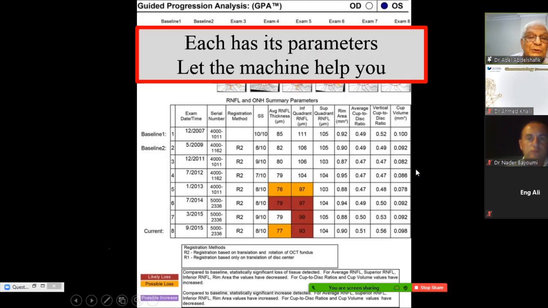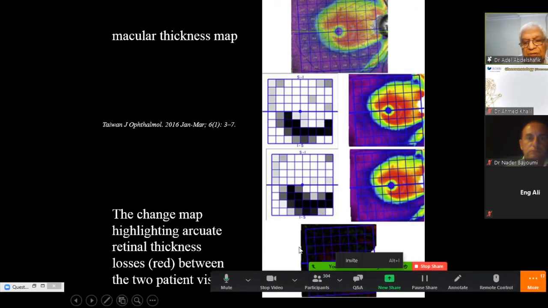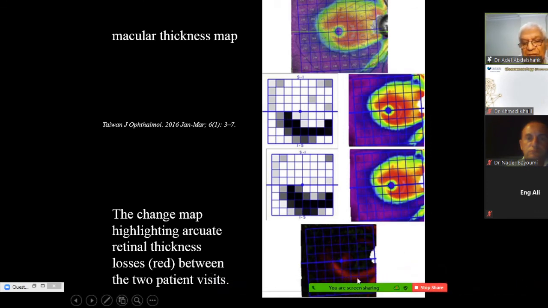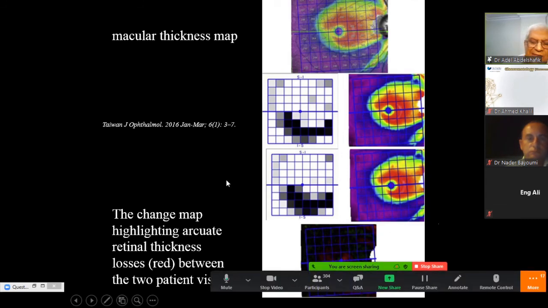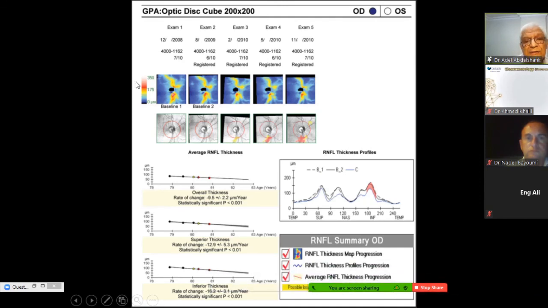So what to do? Do we have to summarize all this in our brain? We can depend on the machine to highlight it for you. In the Spectralis, they compare two fields and give us a change map, and as this change is showing arc width in this location, we are more certain that this is real change over time.